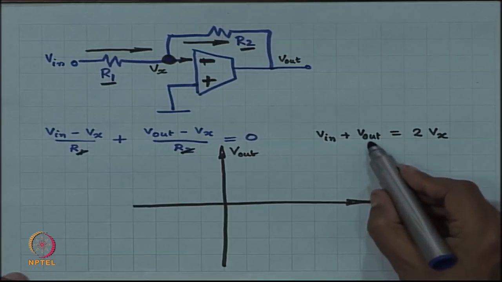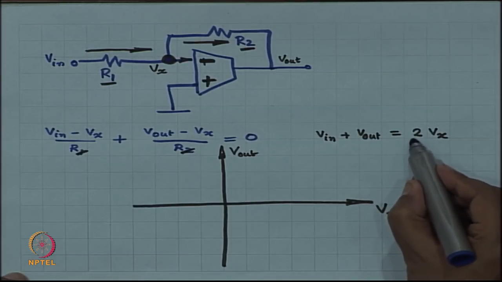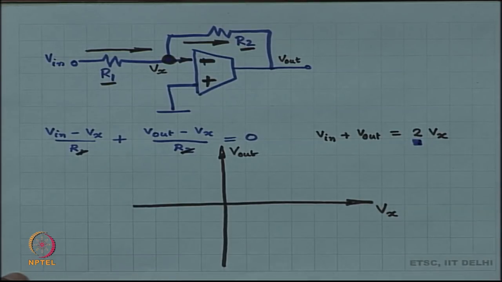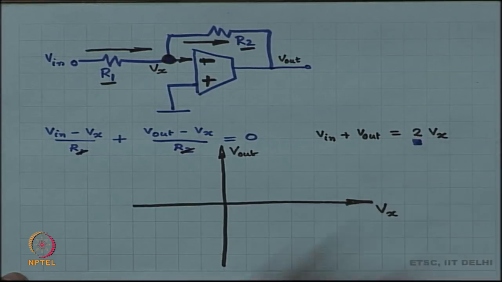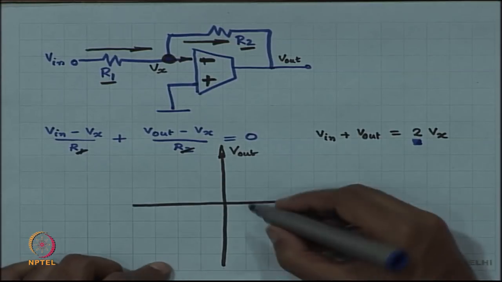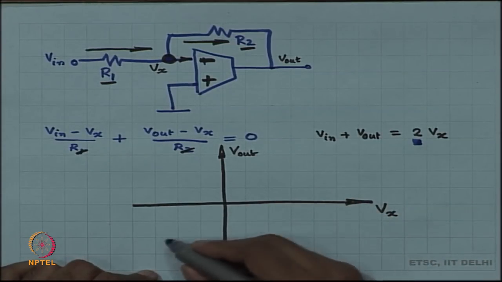So, this is going to look like a straight line with a slope of 2, and if V x is 0, V out is going to be minus V in, for example. Okay. So, it is going to cut the y axis at minus V in. So, whatever V in is, I do not know.